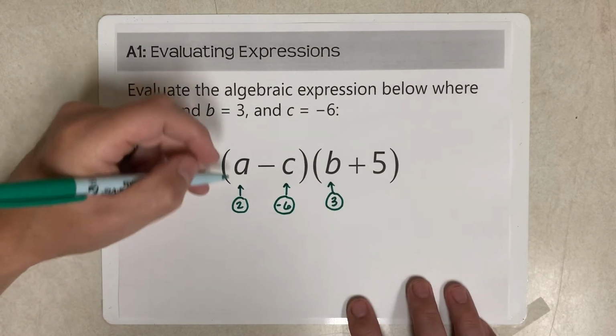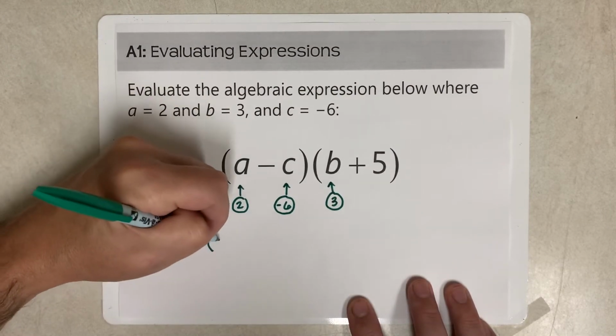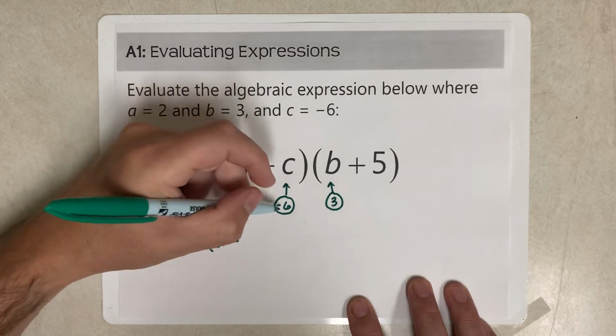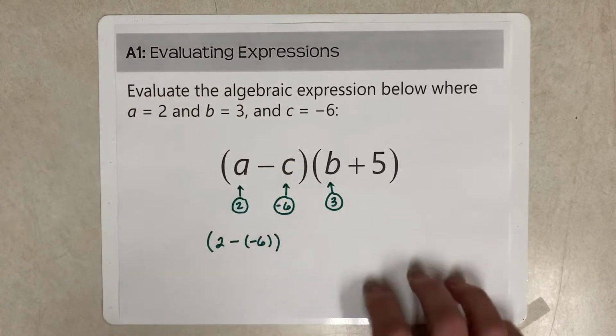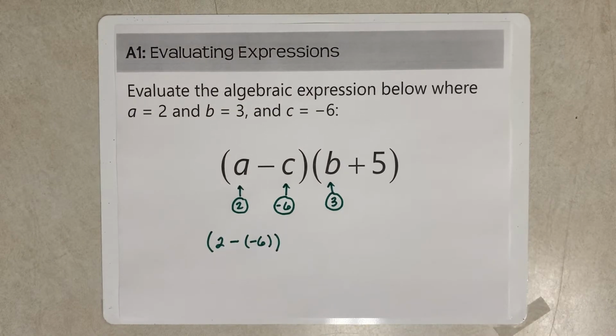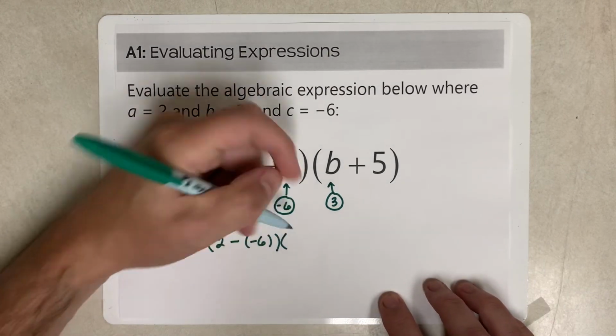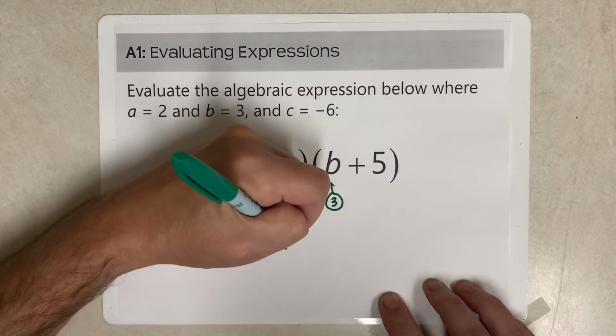All right, so I'm looking at 2 minus (-6). I'm gonna put parentheses around that -6 again. And I've gotten so many things wrong with negatives myself that I have trained myself to use parentheses around all these negatives so I don't mess up. All right, so I got 3 plus 5.